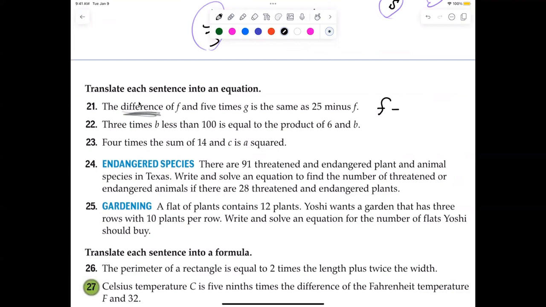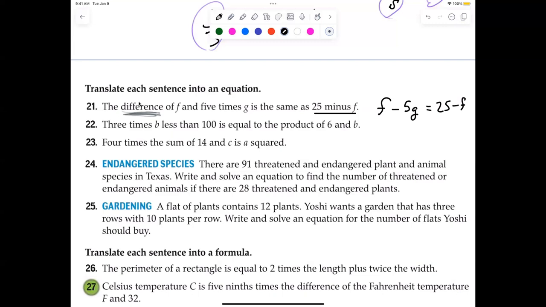Minus 5 what? 5G. Yes. Is equal to 25 minus 5. Or 25 minus F. Thank you. All right, perfect, guys. Tricky. All right. Translations, critical.